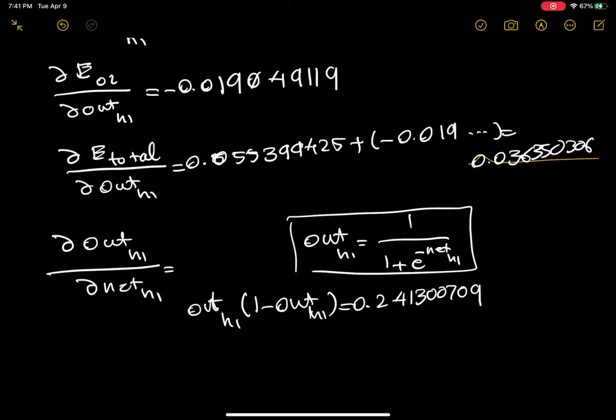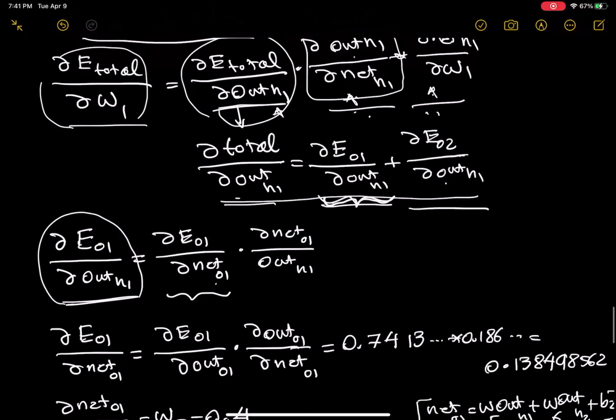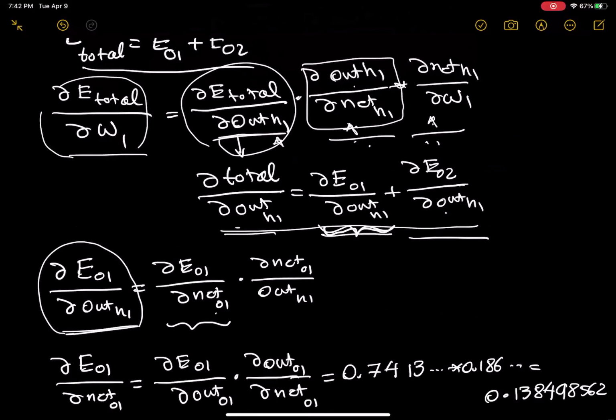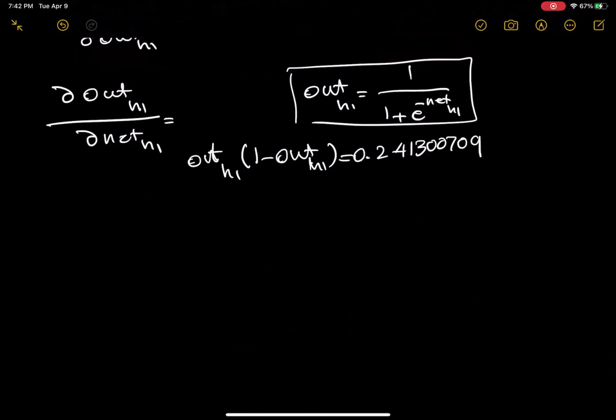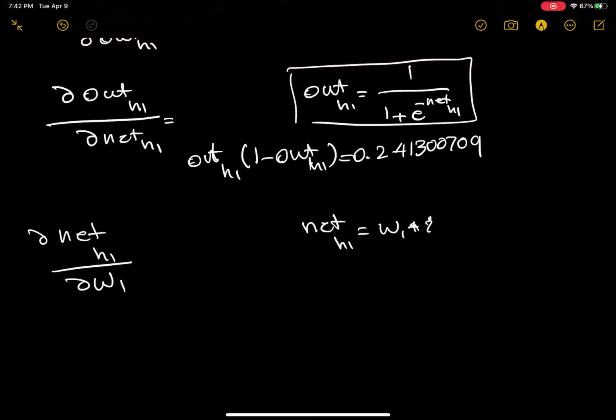And the last one here, if you go back, is net of H1 with respect to W1. This is also fairly easy to do. Net of H1 is a linear combination: W1 multiplied by I1 plus W3 multiplied by I2 plus B1.